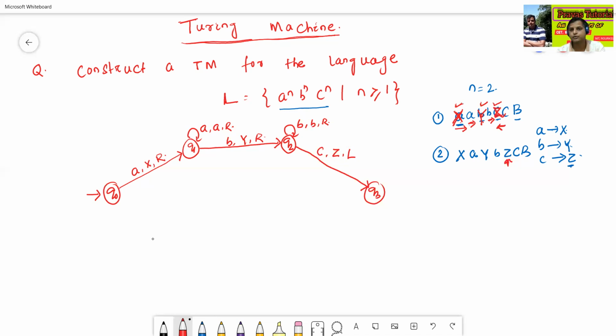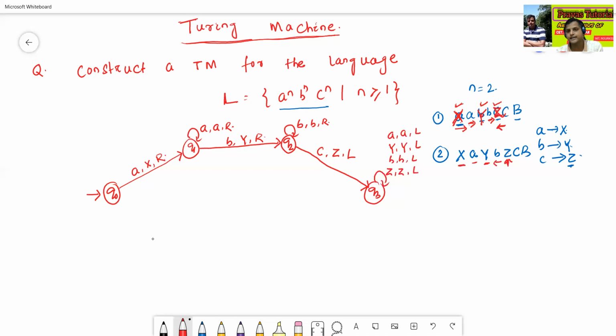When Q3 reads Z, it writes Z and skips, moving left. Whatever it reads, B, Y, or A, it just skips and moves left.